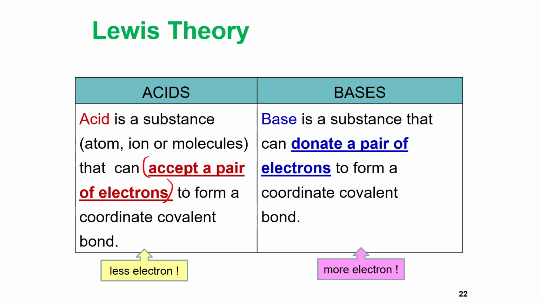Jadi itu ialah Lewis acid. Kalau Lewis base, a substance that can donate a pair of electron. So kalau dia boleh donate a pair of electron, meaning dia mesti ada more electron. Substance ni ataupun molekul ni mesti ada more electron.